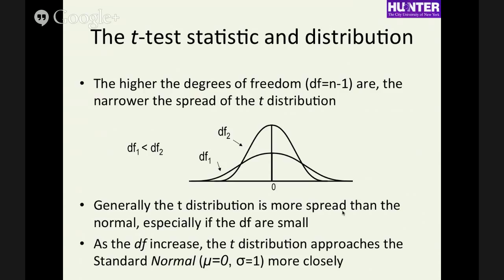The more degrees of freedom, the more narrow it is, and the more similar it is to a normal distribution. So in fact, if you get up to a really big sample size, n equals 1,000 or something like that, it'll look basically identical to the normal distribution. And as you get down to n equals 4 or something, it looks quite a bit wider than the normal distribution.